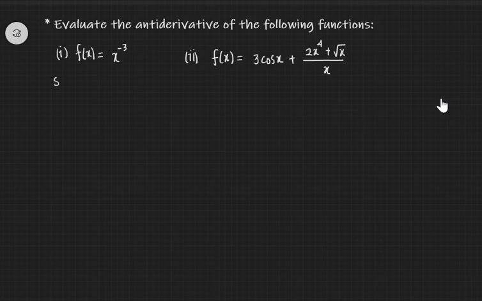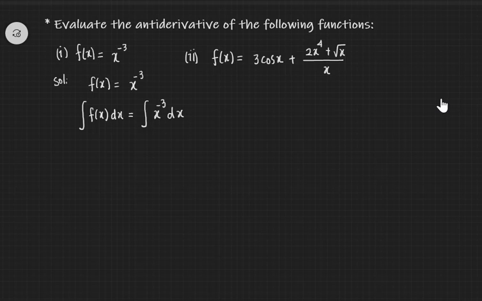So taking the solution of the first question, the given function is f of x equals x power minus 3. We will take the integral sign on both sides: the integral of f of x with respect to x, and on the other side, the integral of x power minus 3 with respect to x.